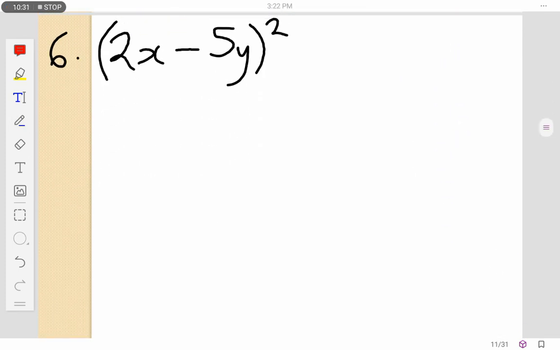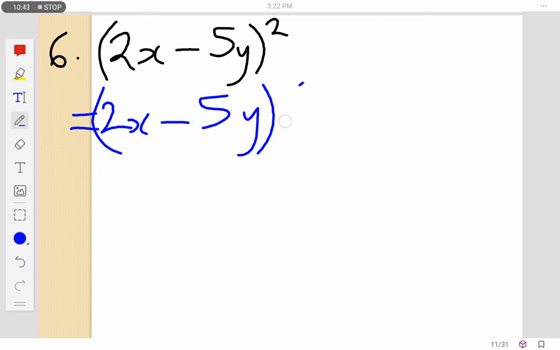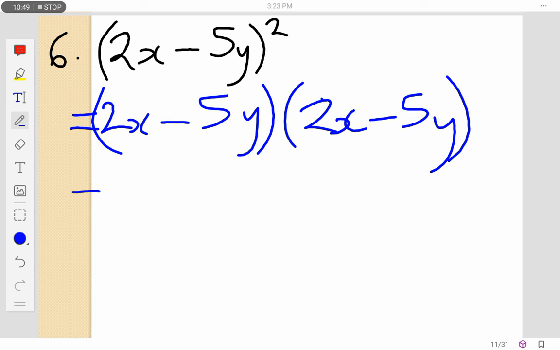Similar to the previous one, we just want to mind our negatives here. Let's do that. So I'll have 2x minus 5y, and 2x minus 5y. It's multiplying itself twice. Now I'm taking the first 2x, multiplying the second bracket, 2x minus 5y.